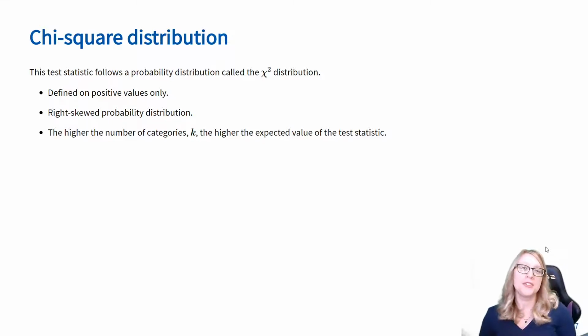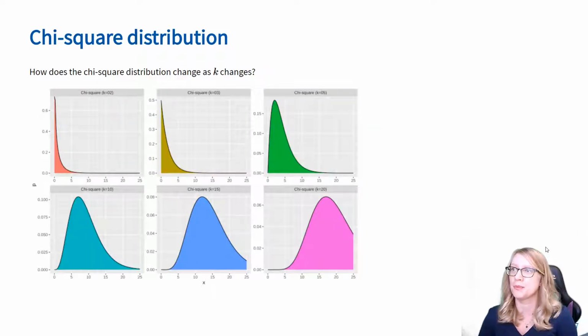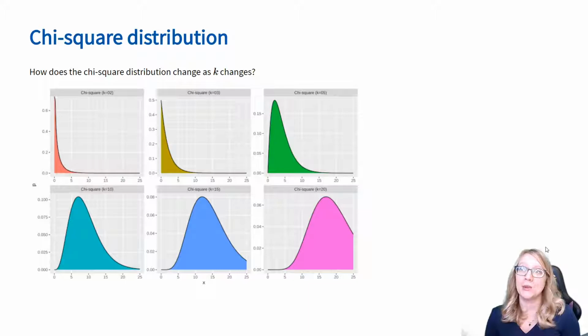The values of the chi-square test statistic that should be deemed unusual depend on how many categories we have in our data. So there's no rough rule of thumb here. Here you can see a couple of examples of how the chi-square distribution changes as K changes. The smallest number of categories that we could observe is 2.